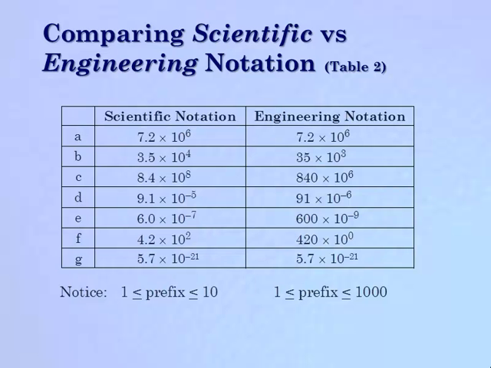To get that 8 into a multiple of 3, to go to 6, we'll need to change that 8.4 to 840, and so on. In each case, the prefix in the scientific notation is always between 1 and 10, but in the engineering notation, you'll notice that the prefix can be between 1 and 1,000.